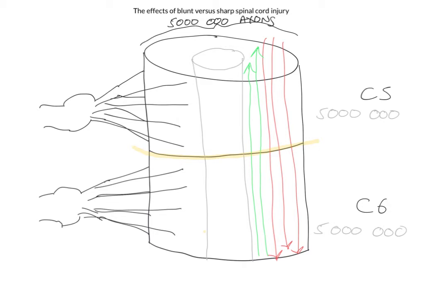Okay, now let's have a think about the consequences of this sharp transection. What structures has it passed through? What structures has it destroyed? Well, because this is a complete spinal cord injury, a complete sharp transection of the spinal cord, what we must appreciate is that it has transected all of the axons of the spinal cord, okay?